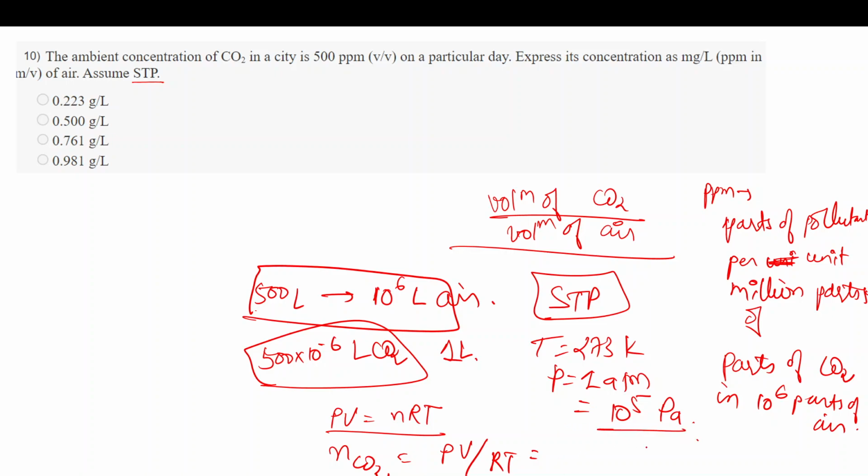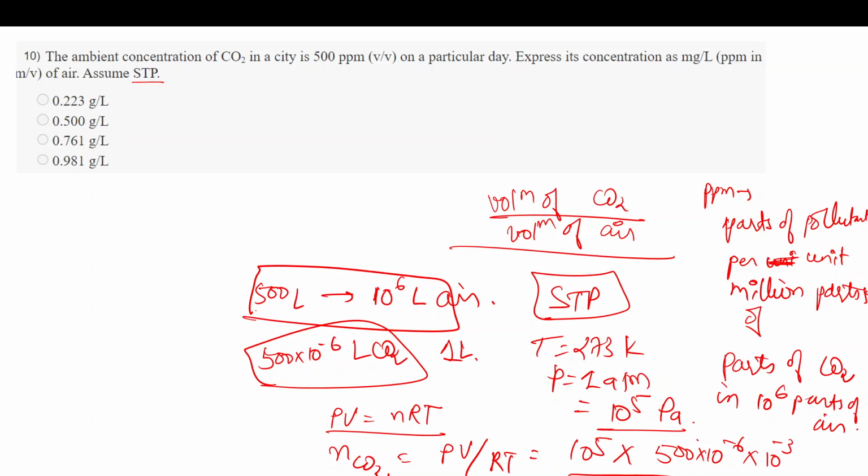So it's better to have units in SI unit. So it will give you moles in kilomoles. So 10 to the power 5 Pascal into 500 into 10 to the power minus 6 liters. If you convert it into meter cube, into 10 to the power minus 3, you need to multiply, divided by 8.314, which is the value of R in SI unit, into 273 Kelvin.